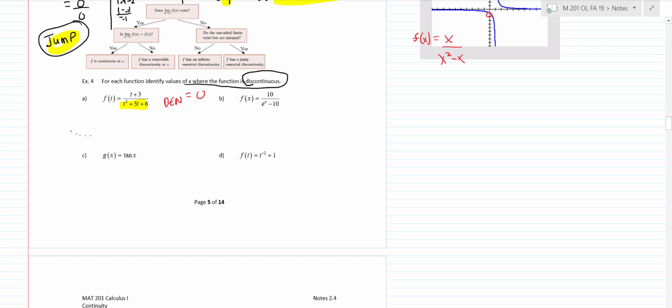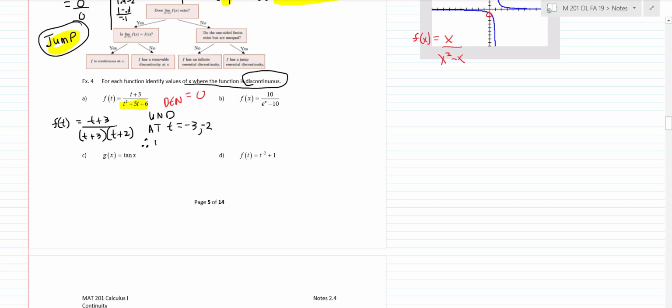So what I'm going to do is factor the denominator. I've got f of t is t plus 3 over the factored denominator, t plus 3 times t plus 2. All right. So this thing is undefined at two places: at t equals negative 3 and at t equals negative 2.